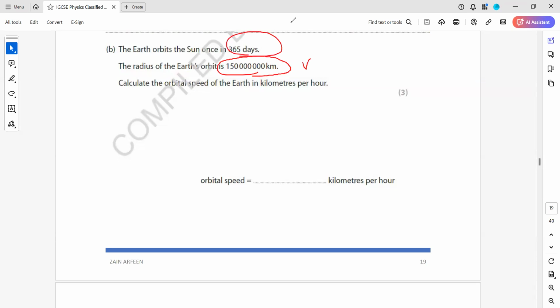How to convert into hours? 365 days multiplied by 24 multiplied by 60. To get the orbital speed, it is always 2 pi r divided by t. So 2 into 3.14 into radius 150 exponent 6, because 1 astronomical unit.